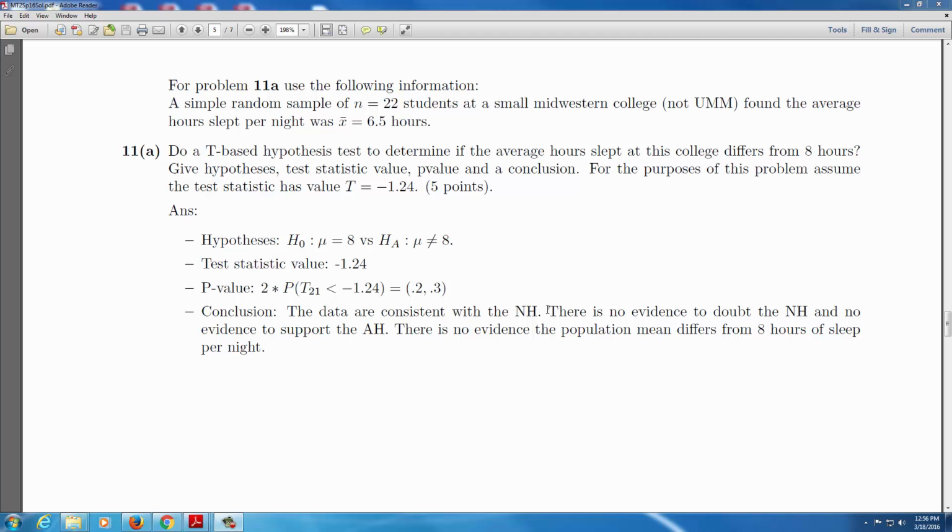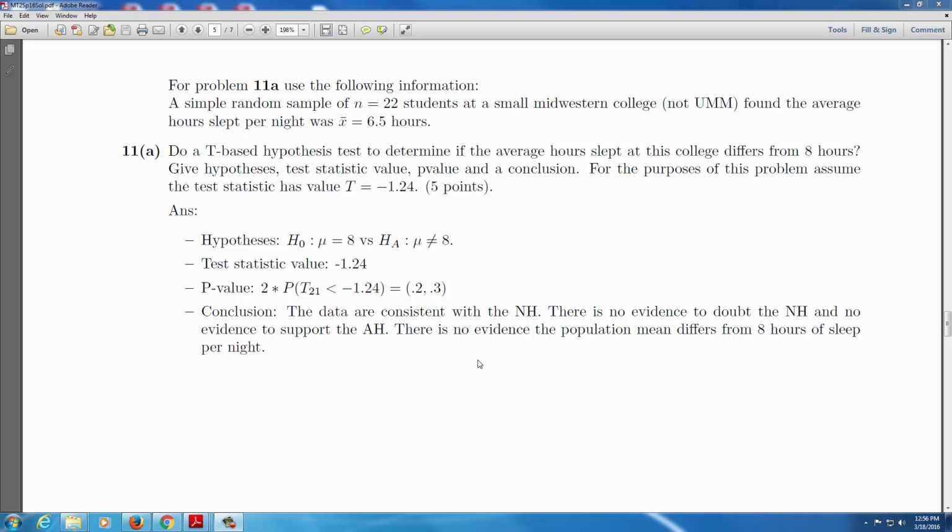Data are compatible with the null hypothesis. There's no evidence to doubt the null hypothesis, and there's no reason to support the alternative. And the practical conclusion is there's no evidence that this average differs from 8 hours.